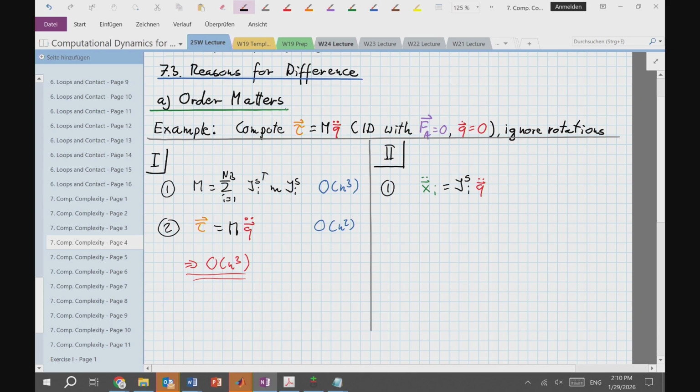And just to be clear, there's a different Jacobian for each body. Matrix times vector, computational complexity. Do you say linear? Constant. But this Jacobian, so J, what are the dimensions of this Jacobian J?